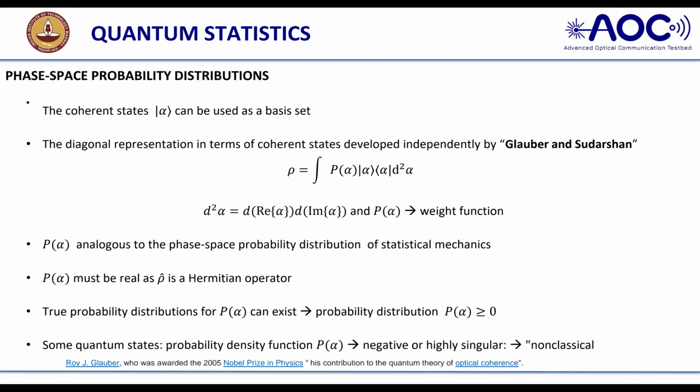But in the case of some quantum mechanics, P alpha is a negative value. In our probability case, we never find a probability distribution function less than 0. But he solved many behaviors, and we have seen examples in physics where P alpha is a negative value, and that is called singularity and non-classical nature.